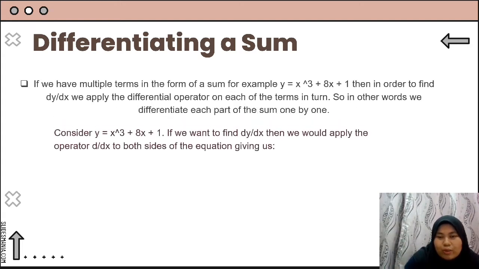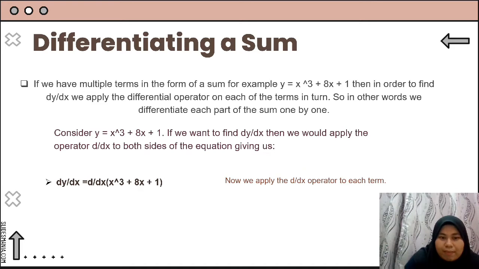Consider that y equals x to the power of 3 plus 8x plus 1. If we want to find dy over dx, then we apply the operator d over dx to both sides of the equation. First, we must apply the d over dx operator to each term. For example, dy over dx equals d over dx in brackets x to the power of 3 plus 8x plus 1.